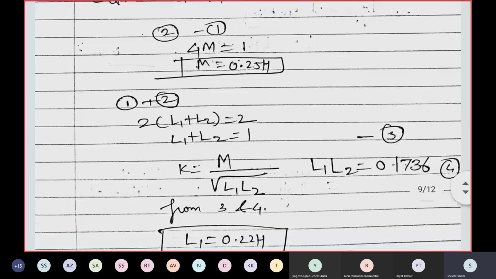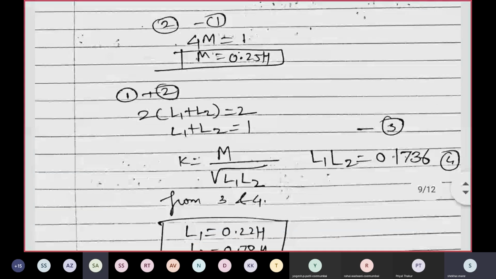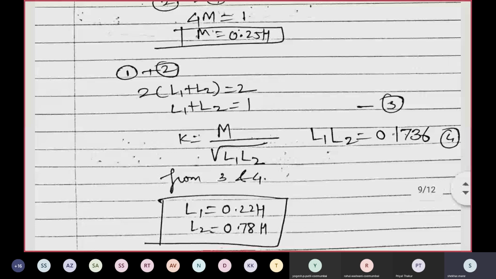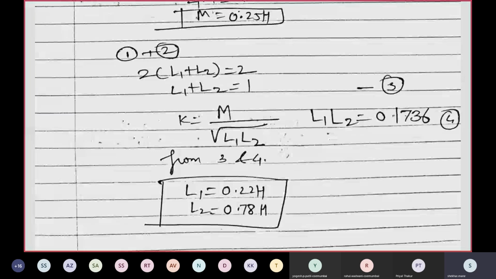See, from this equation number 3 and equation number 4, from equation number 4, you will get L1 into L2 is equal to 0.1736. Means L1 is equal to 0.1736 divided by L2. So you can substitute the value of L1 into equation number 3. Then you will get one quadratic equation. Quadratic equation means a square plus 2ab plus b is equal to 0, like that.